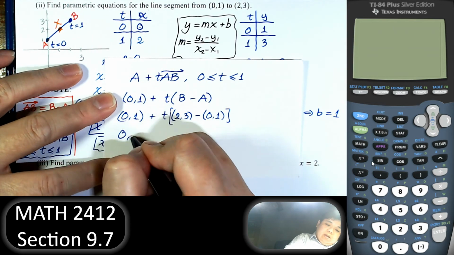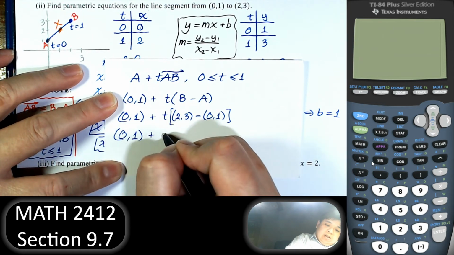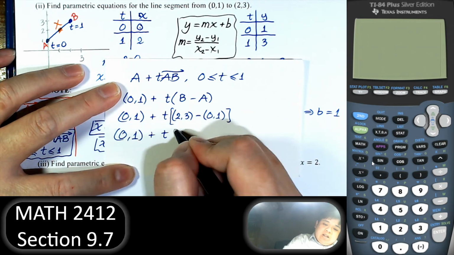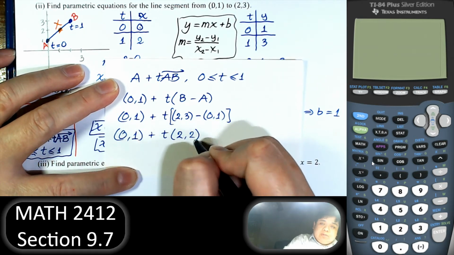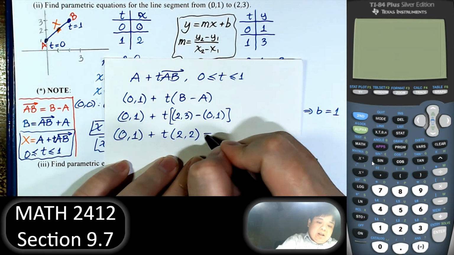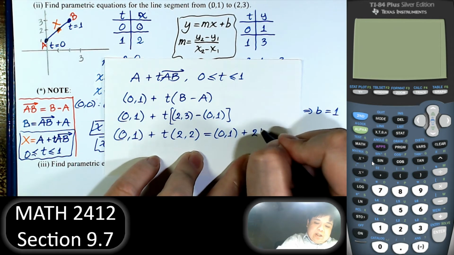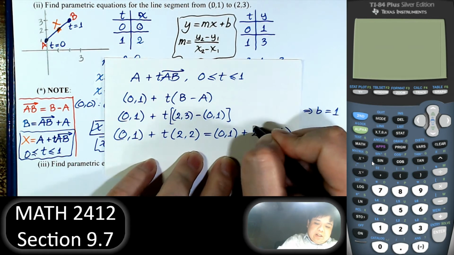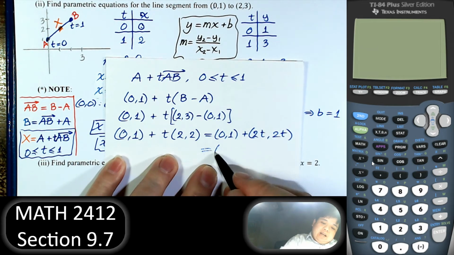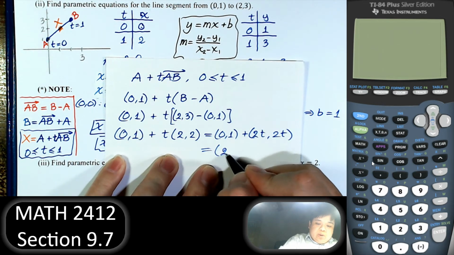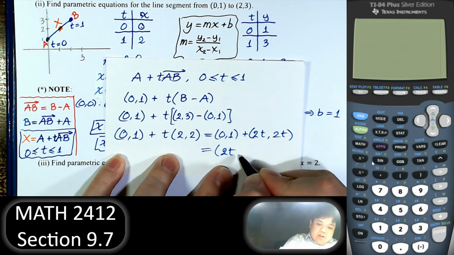Subtracting, we have 2 and 2, multiply, and we have 0 and 1 plus 2t comma 2t. Adding the components: 0 plus 2t is 2t, and 1 plus 2t.